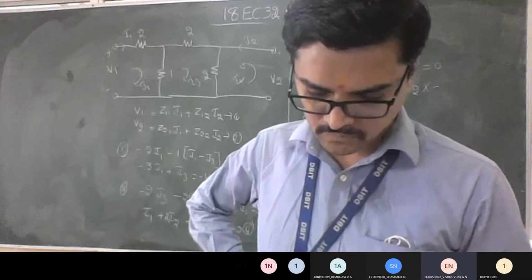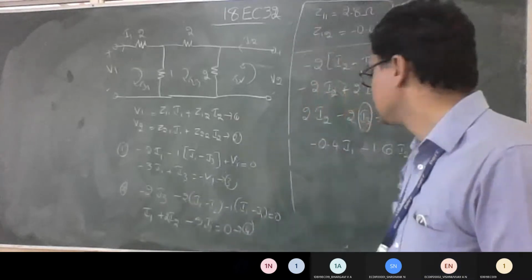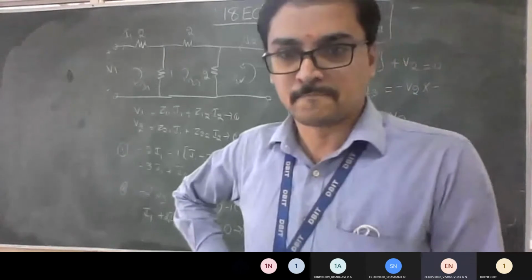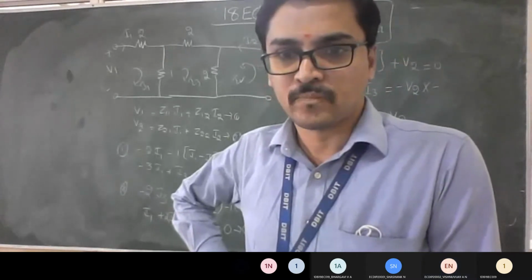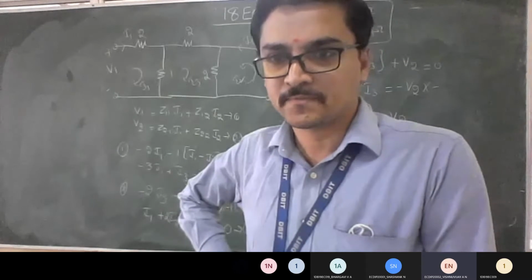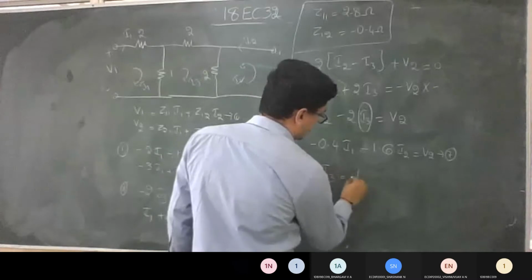Sir, minus 0.4 I1 minus 3 is coming, sir. Minus 3? Okay, let them check. 5 by 2 into. So tell me what was the I3 answer I gave you?